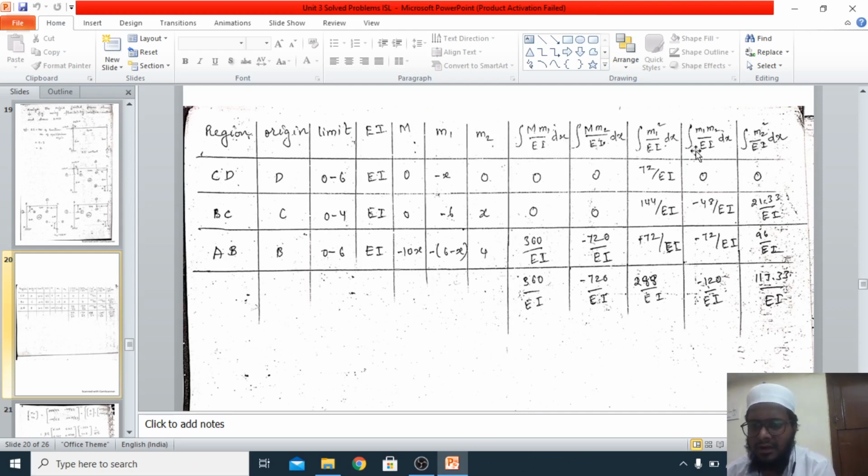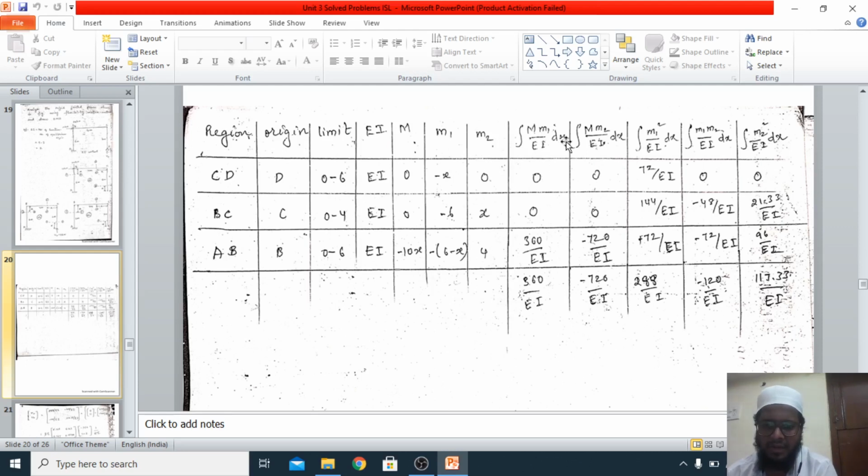If the static indeterminacy of the structure is 3, then we would have gone for M3: M1, M2, M3, then integral MM1, integral MM2, then integral MM3. This thing we have seen already in our previous problems. Then again here M1 square, M2 square, M3 square, then integral M1 M2, integral M1 M3, then integral M3 M1, like that. But here since the static indeterminacy or the SI of the figure is just 2, we are going for M1 and M2 only.